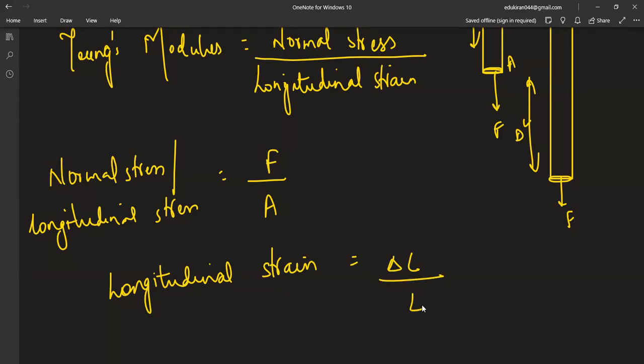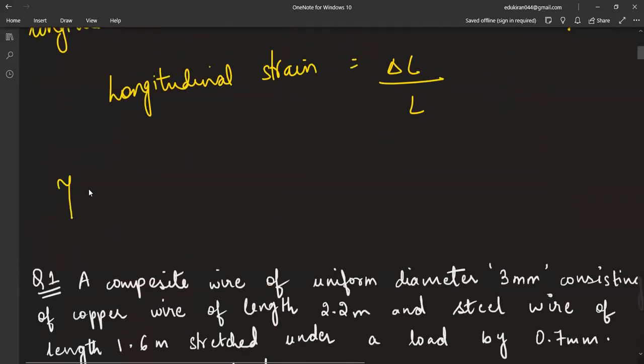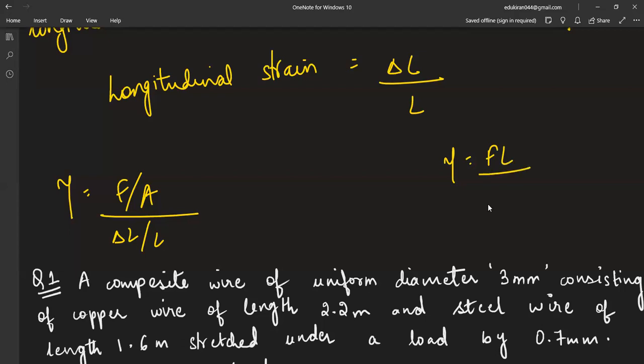Original length was L. So now substitute these values in the Young's modulus formula. Young's modulus will be force per unit area, that is the normal stress, and delta L by L because of the longitudinal strain. So ultimately you get the formula FL by A delta L. This is the formula of Young's modulus.